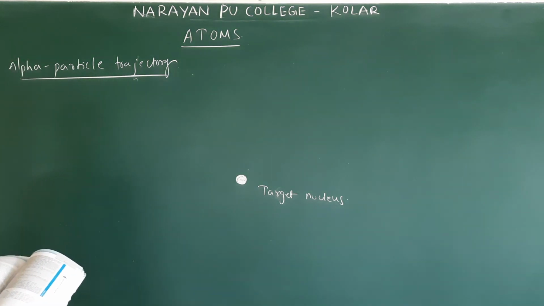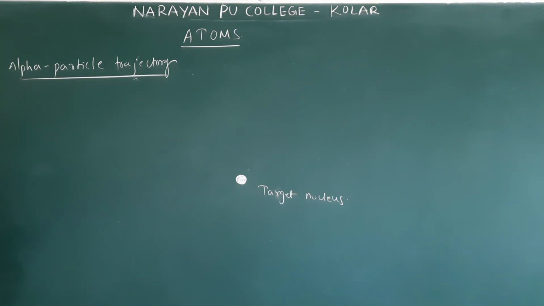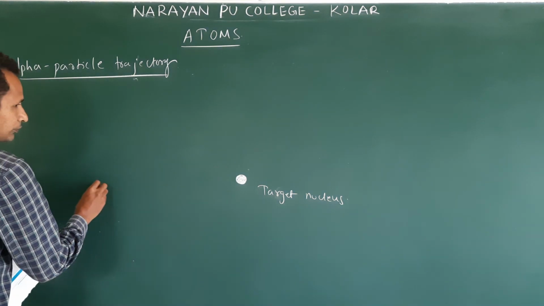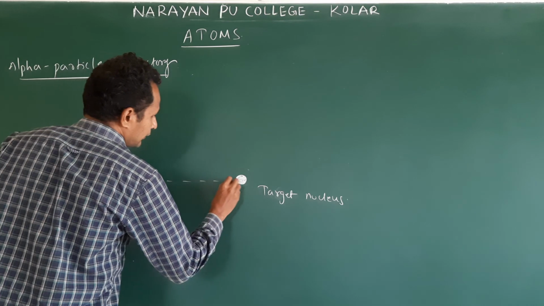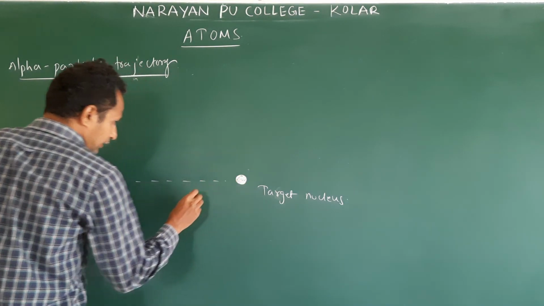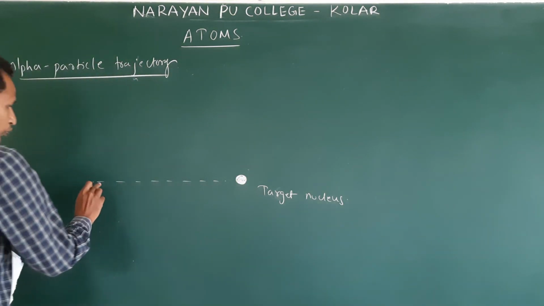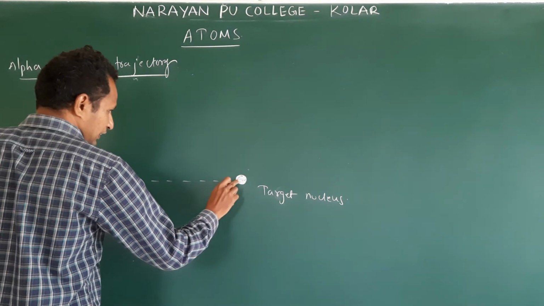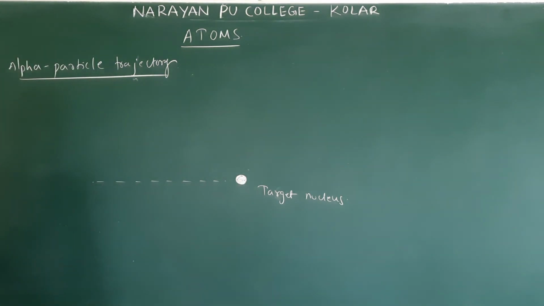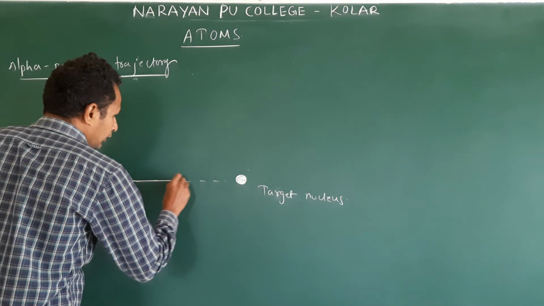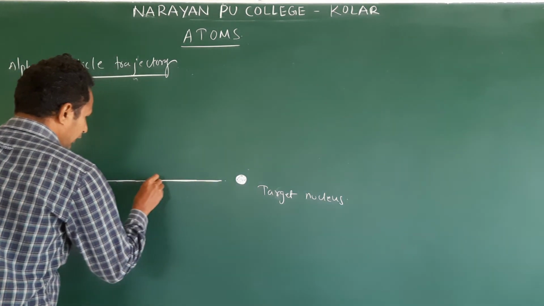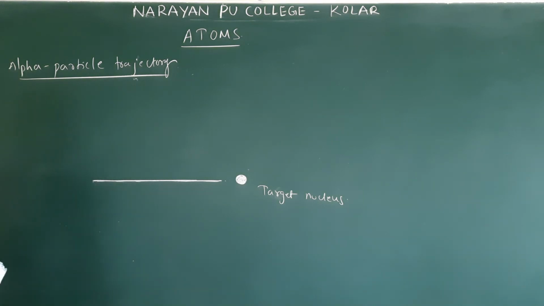Target nucleus, right? Now, this is the alpha particle. The first alpha particle there is not directed towards the center, it is falling exactly at the center of the nucleus.